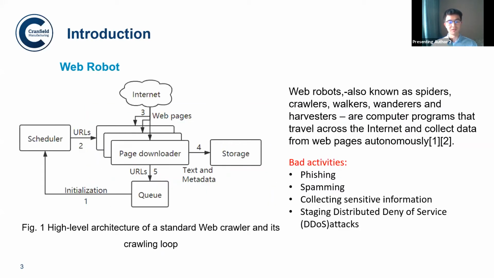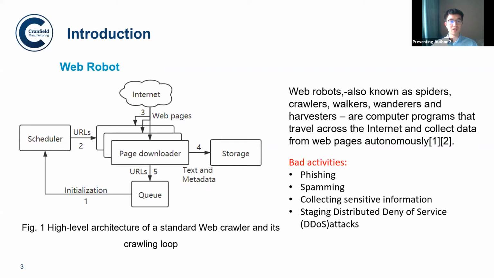A web robot is a computer program that travels across the internet and collects data from web pages autonomously. Figure 1 shows the structure of a web robot and its crawling loop. The basic goal of a web robot's job is to grab the information on the target website and store it for future use.